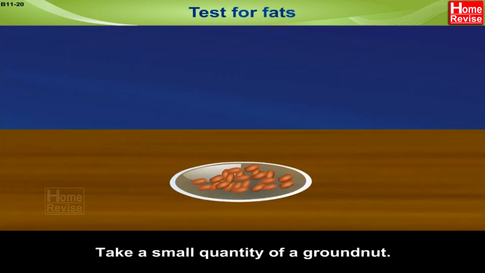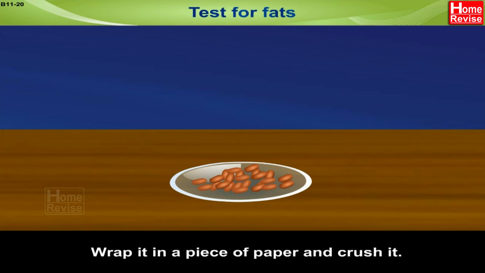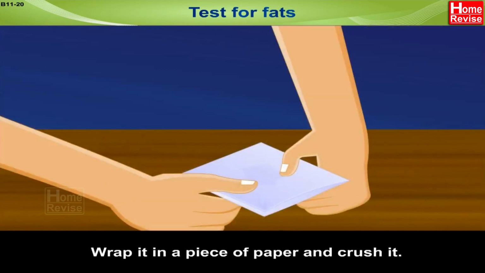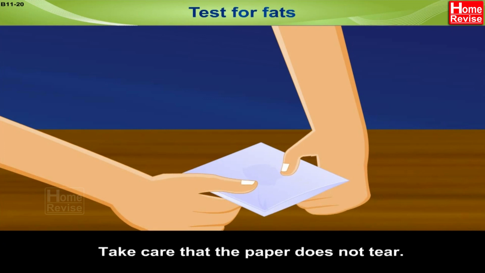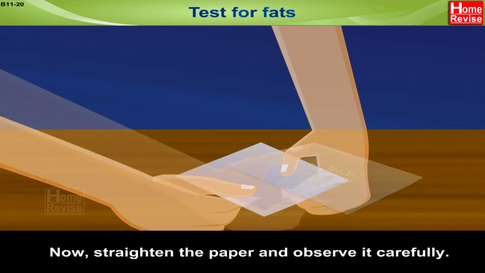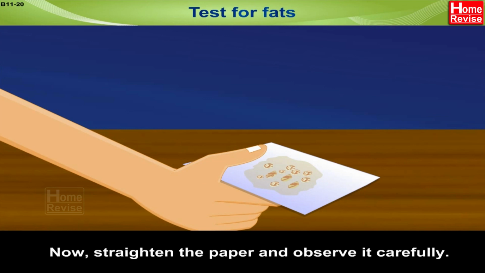Test for fats. Take a small quantity of a groundnut. Wrap it in a piece of paper and crush it. Do take care that the paper does not tear. Now, straighten the paper and observe it carefully.